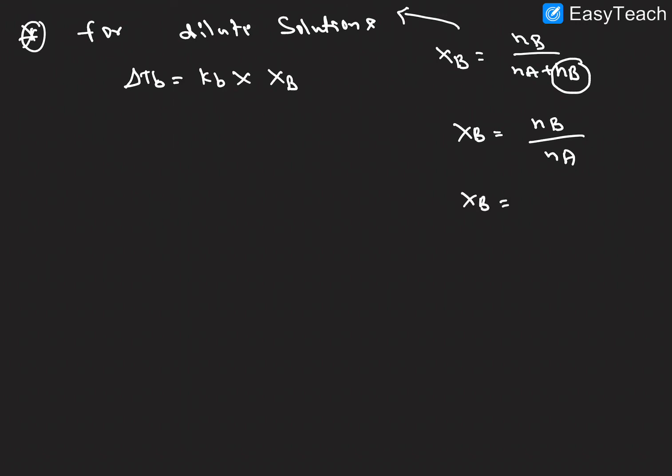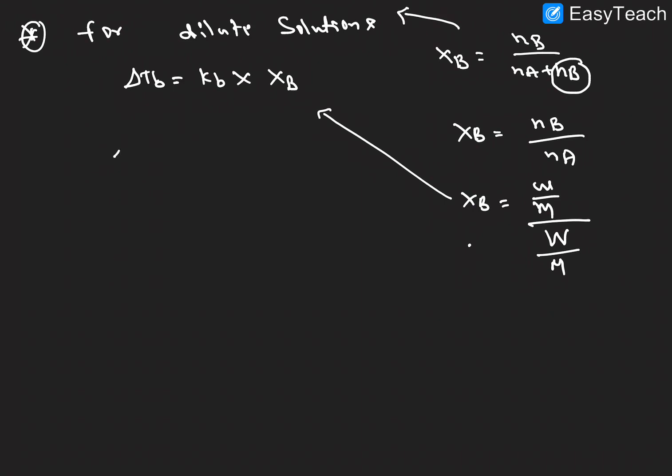Already we know the number of moles of B. So XB equals weight by molar mass, small m, this is for the solute, divided by the weight of solvent by molar mass of solvent.